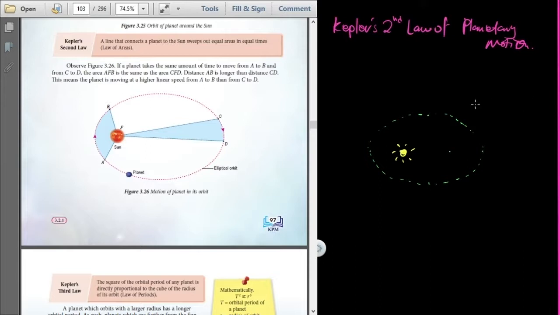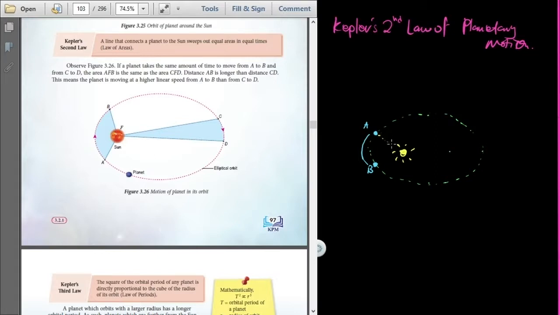So what is stated by Kepler's second law? A line that connects a planet to the sun sweeps out equal areas in equal times. Let's say we have a planet orbiting the sun, and it sweeps, meaning that it will move from this point A to B. And then it will produce an area.